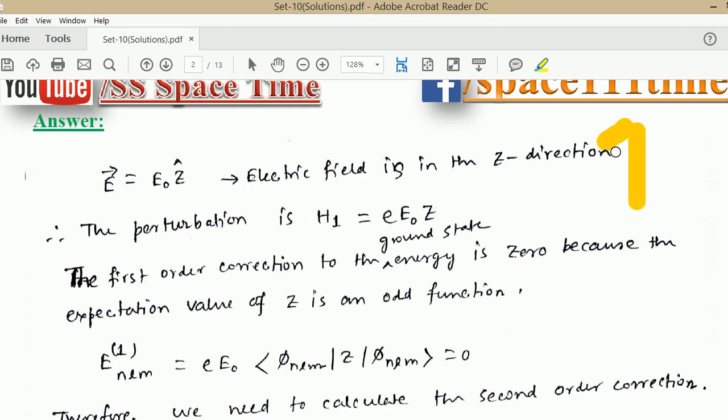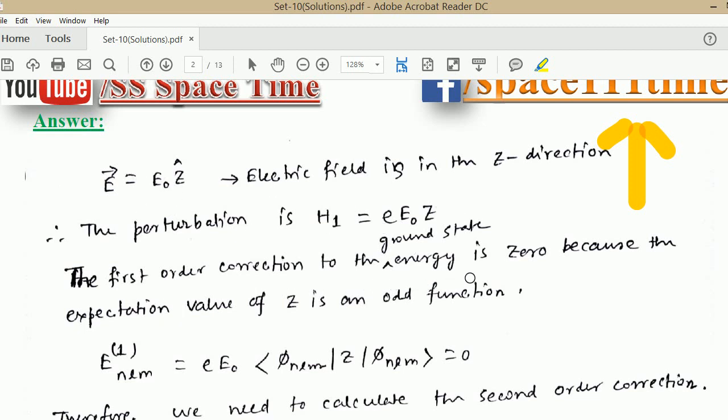The electric field is not an energy term, so we have to consider the corresponding Hamiltonian. The perturbation is h1 equals E naught times z, because the electric field is in the z direction.